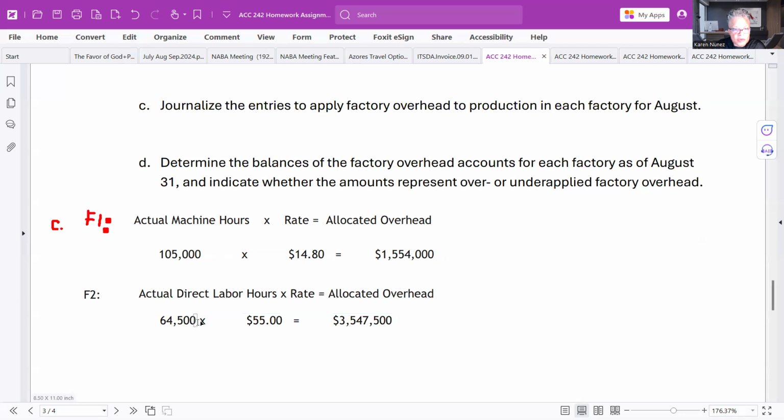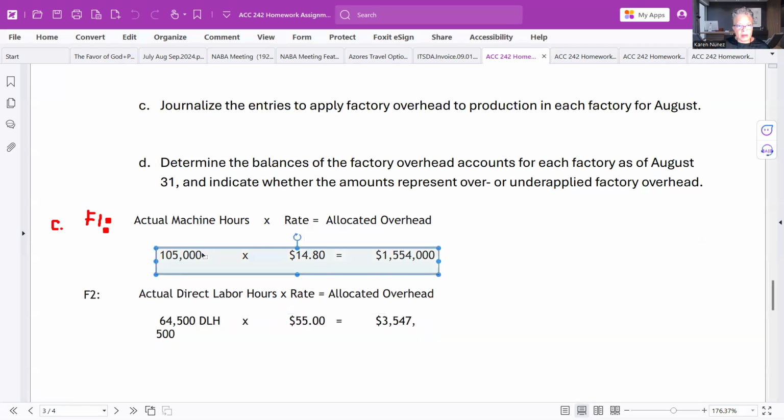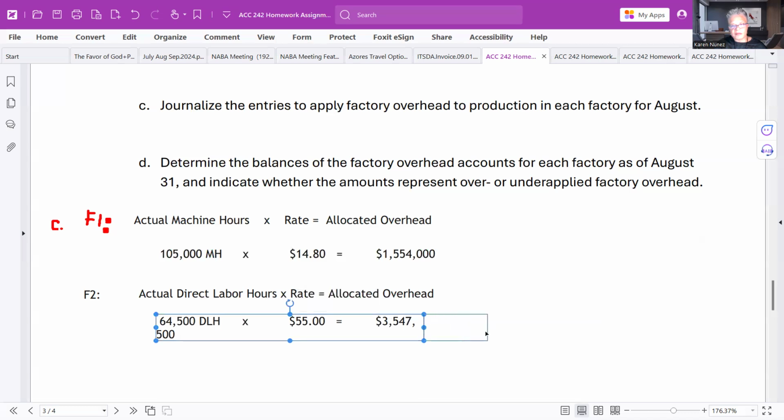So we have to make sure that what we're using here is the direct labor hours that we can trace. Here, we're using the machine hours that we can trace. And let me fix that. There we go.